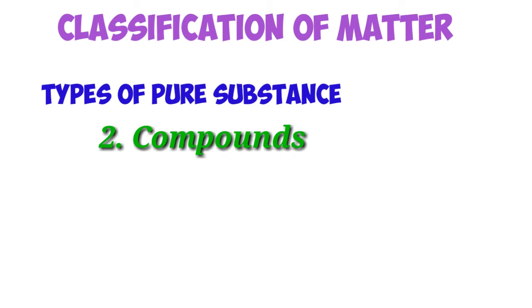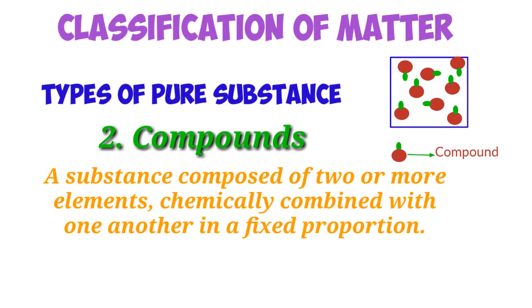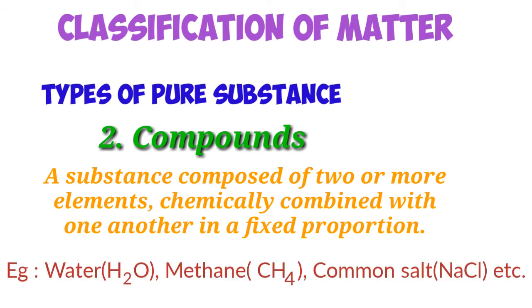Next one, compound. Compounds are pure substance which have fixed composition and can be broken into elements by chemical reactions or by electrochemical reactions. And we have to note that it cannot be separated by any physical method. For example, water.